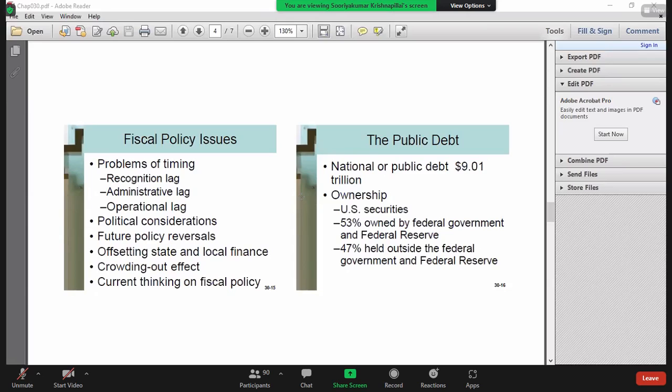The other one is political consideration. The government, the policymakers and the government party are humans, so they want to be re-elected. Before an election, they will do many fiscal policies, such as government expenditure and tax cuts.